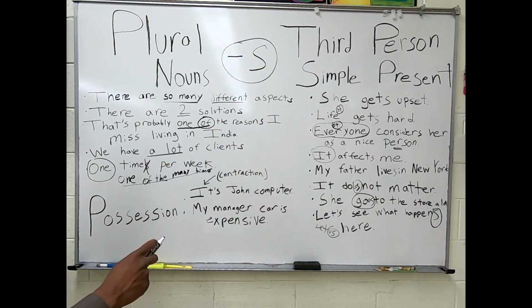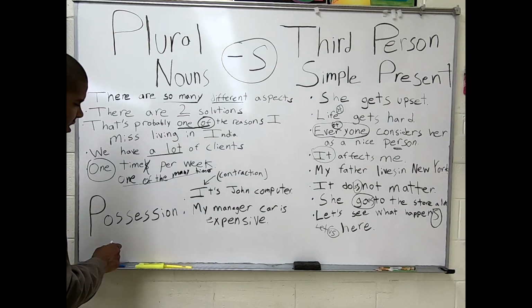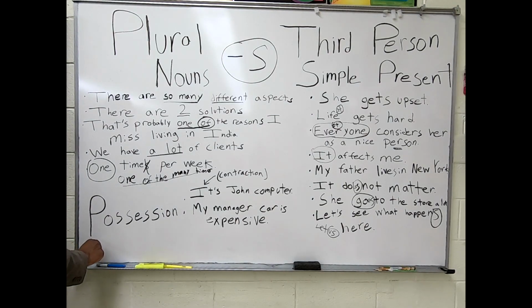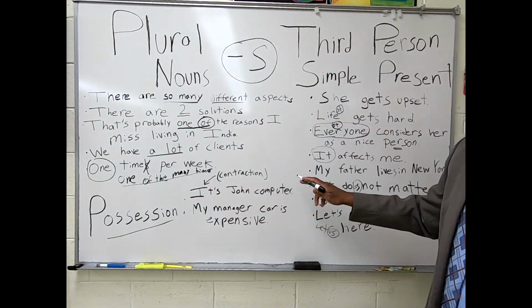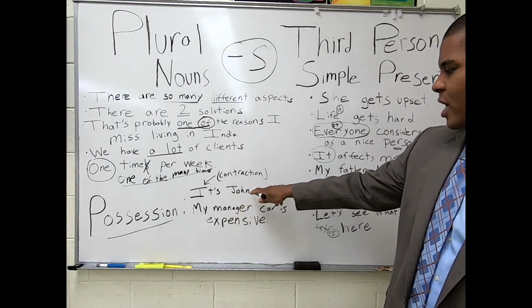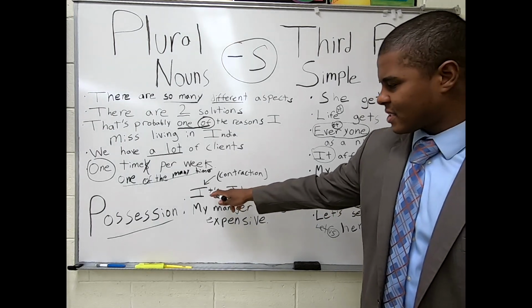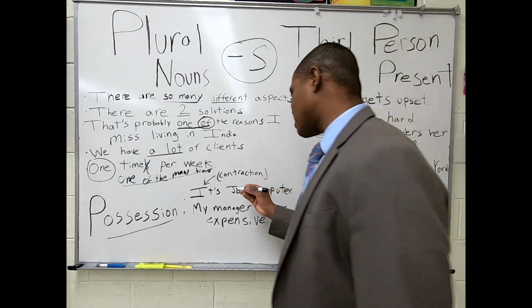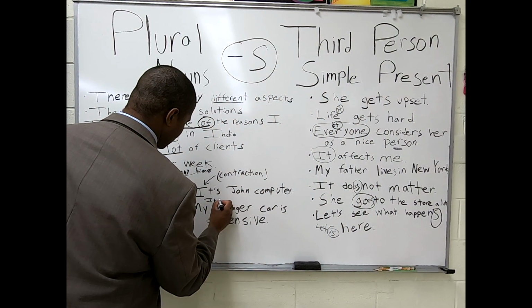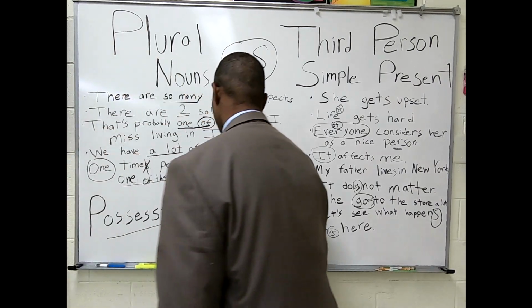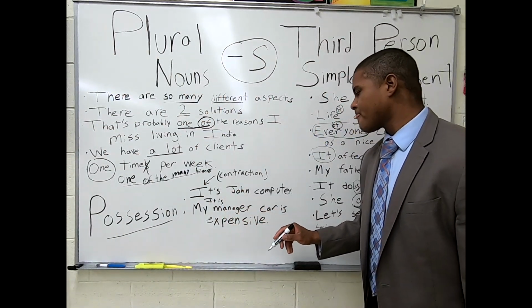Okay, so now let's look at possession. Let's look at possession very quickly. Okay, so just not forget to use contractions. All right, so let's not say it, John, computer. It's John computer, which is short for it is. Right, it's short for it is.